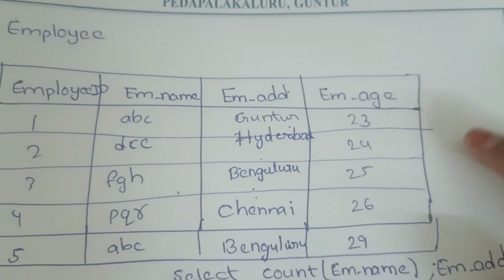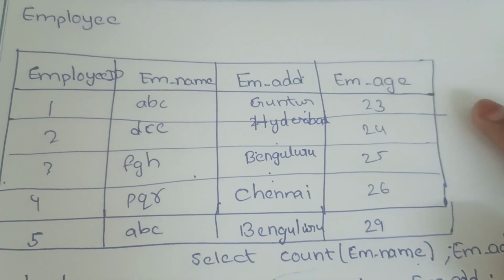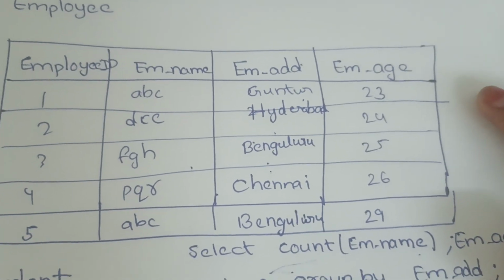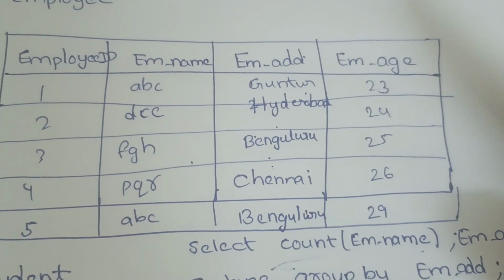This is our employee table, which has employee id, employee name, employee address, and employee age.